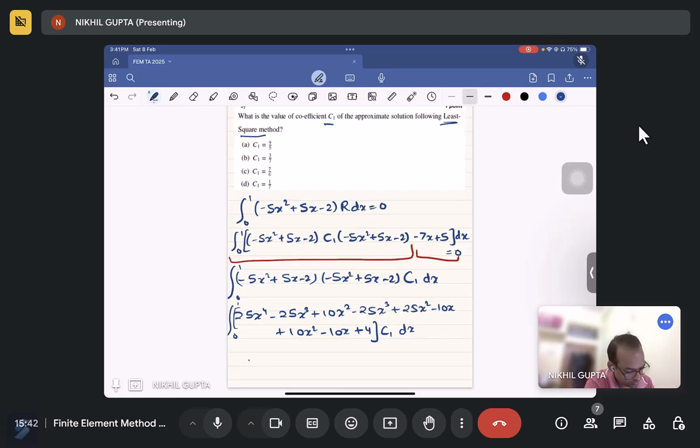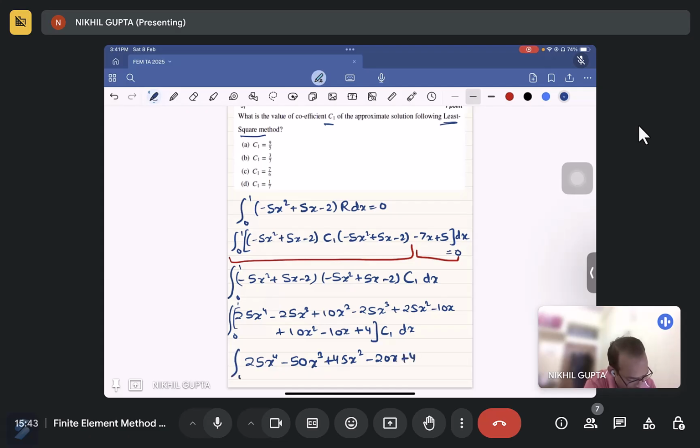It is coming as 25 x power 4 and this will be minus 50 x cubed, plus 45 x square minus 20x plus 4.